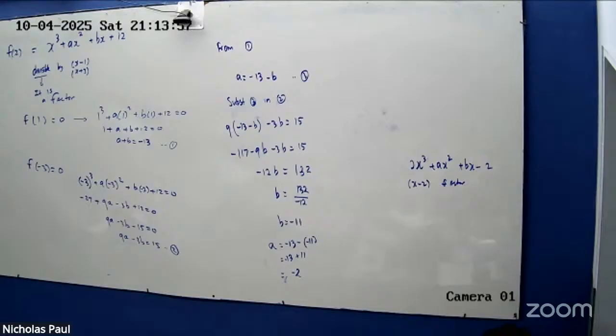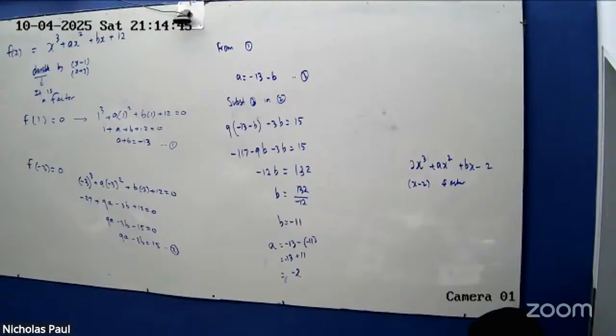Right, what's the right equation? 2x cubed plus ax squared plus bx minus 12. And when this expression is divided by x plus 3, the remainder is minus 50.